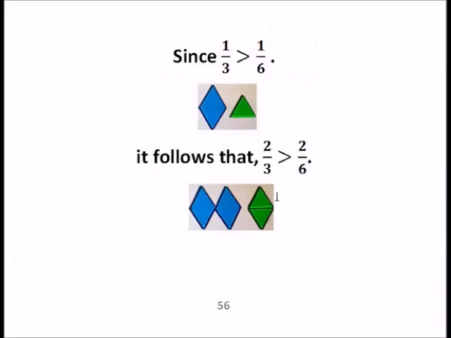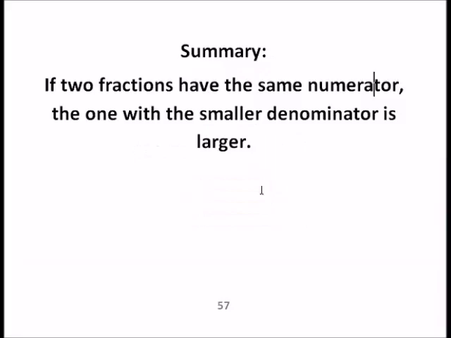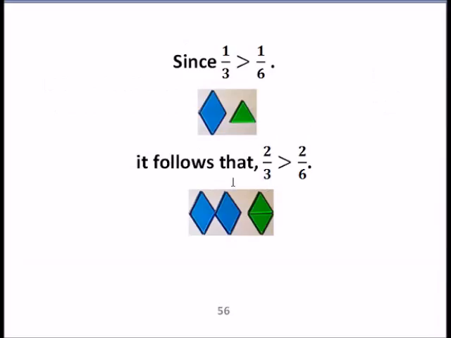So the students take out, they see that 1/3 is greater than 1/6, so therefore 2/3 is greater than 2/6. So if two fractions have the same numerator, the one with the smaller denominator is larger. So this is a summary statement, but this doesn't come into existence until after the students understand it using the blocks.